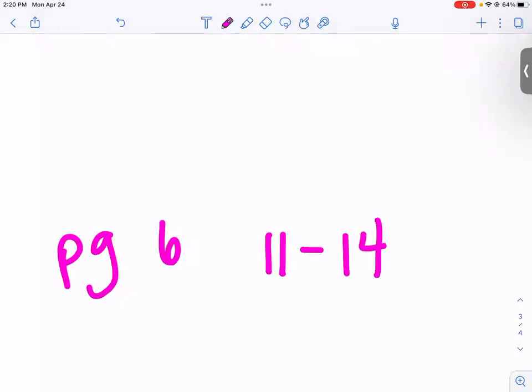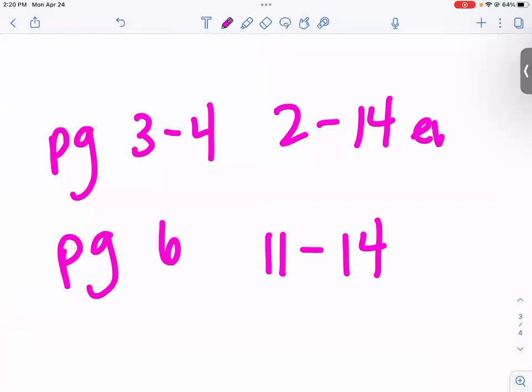But on pages 3 through 4, you're going to do numbers 2 through 14 even, so 2, 4, 6, 8, 10, 12, 14. Make sure you understand which problems you are doing.